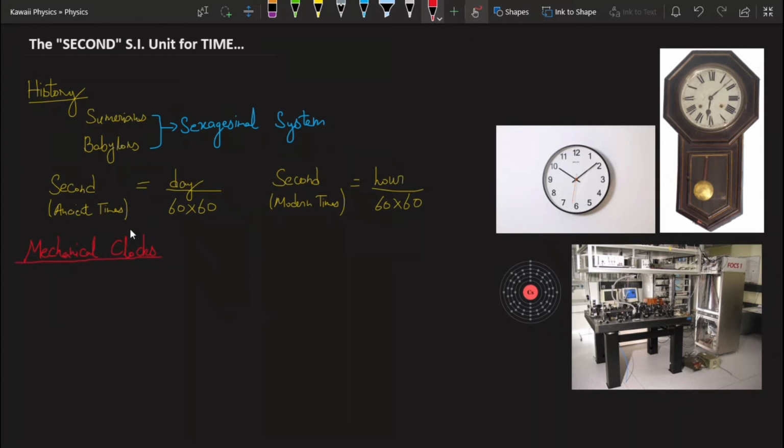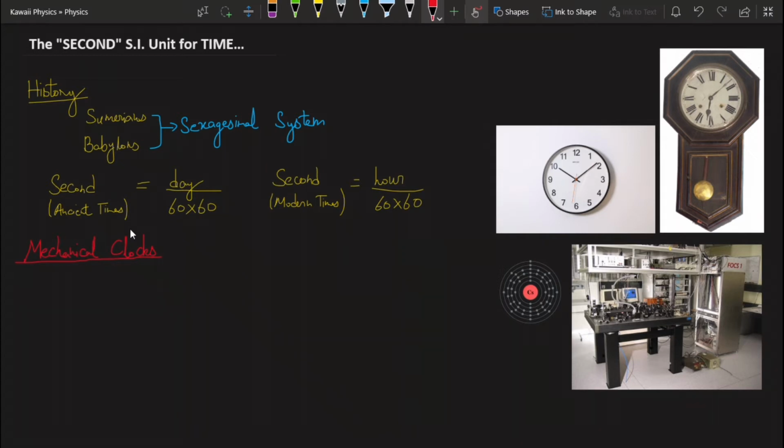So at the end of the 16th century, with the invention of mechanical clocks, they began to introduce, I'm sorry, not seconds, minutes, into the clock itself, because of the increasing accuracy of the mechanical clocks.